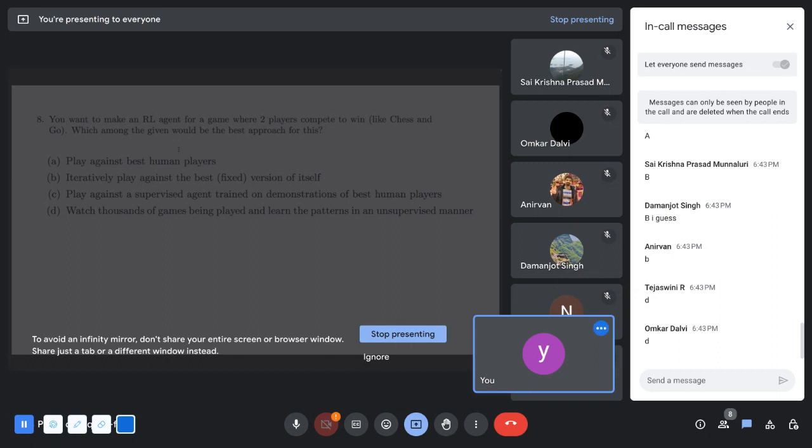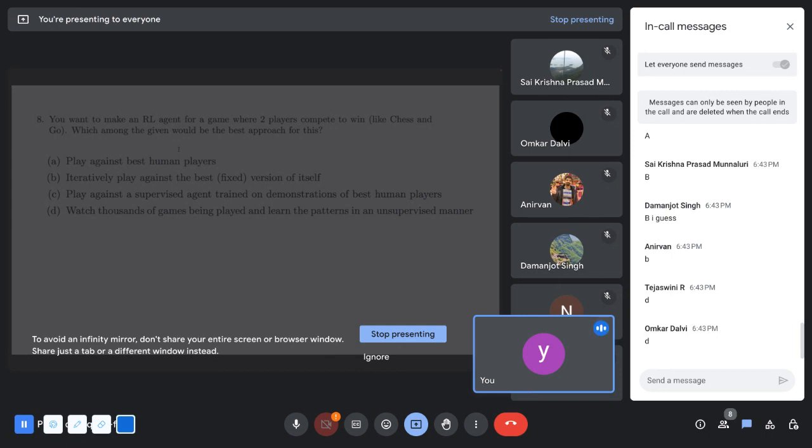So 1,000 game possibilities. Now, play against a supervised agent trained on demonstrations of the best human player. This will also limit your capability to the best player, right?